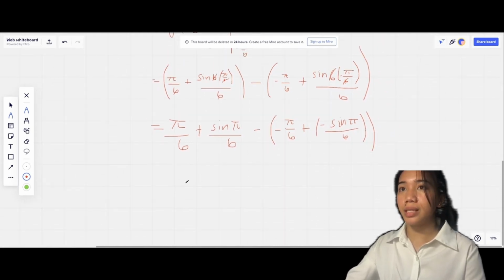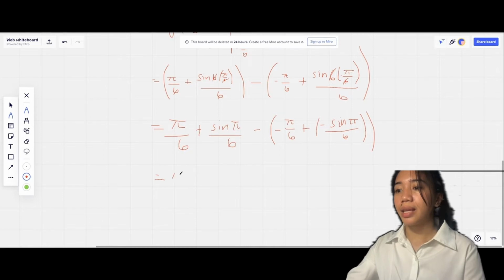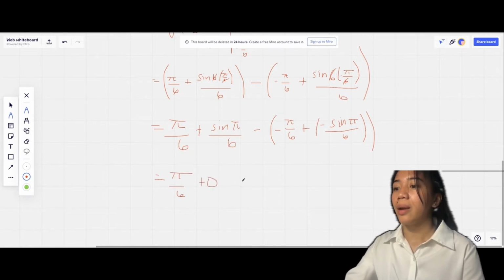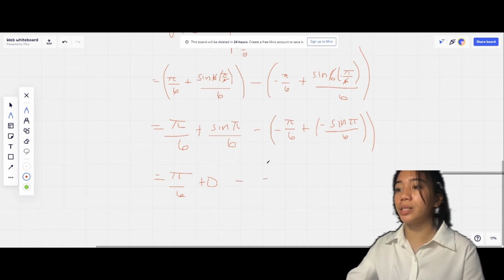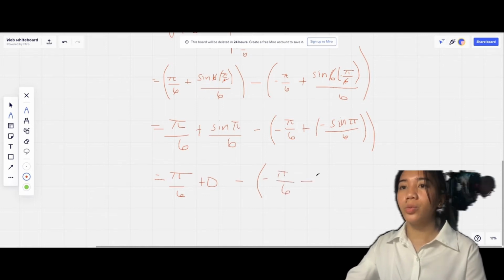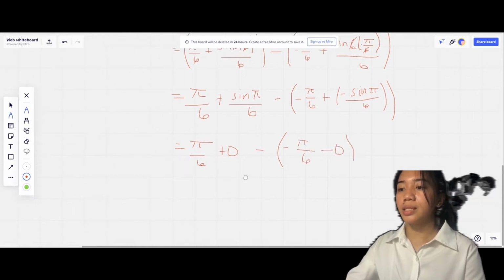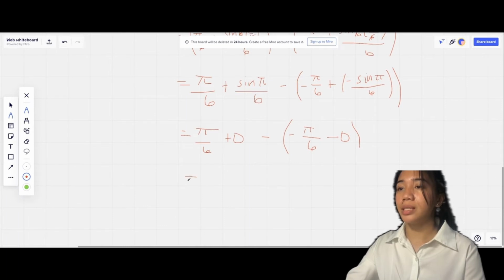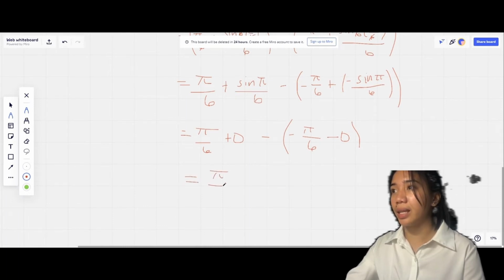Next, pi over 6 plus 0, as sine pi is equal to 0, then minus negative pi over 6 plus 0 also, as the value of sine pi is 0. So we have pi over 6 plus pi over 6, as we have here minus and a negative sign, so it will become positive.